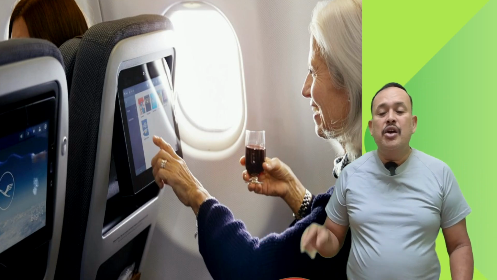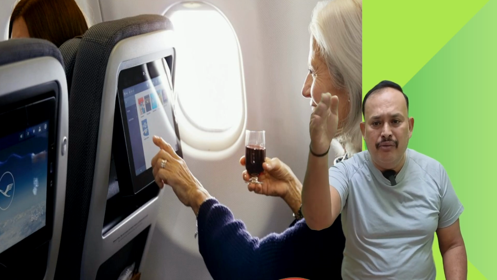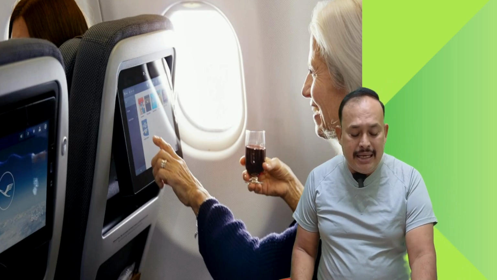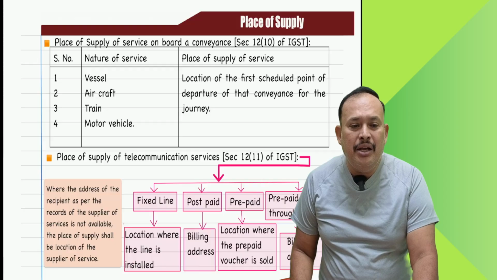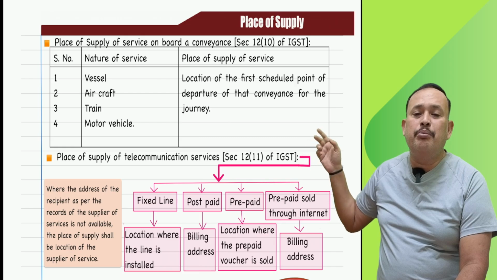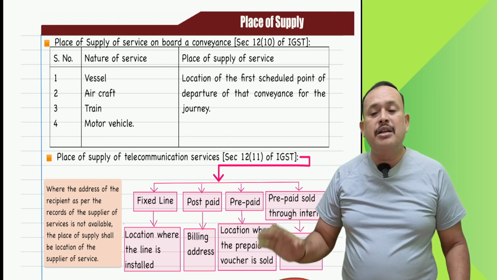In that case, the facility is provided on board a conveyance. Conveyance, you know, is rail, vessel, aircraft, vehicle and all. So in that case, what is the place of supply? Place of supply here is equal to the location of the first scheduled point of departure of that conveyance for the journey.